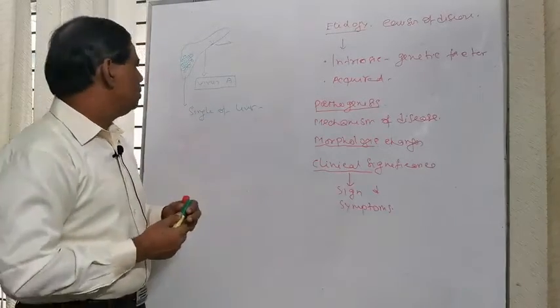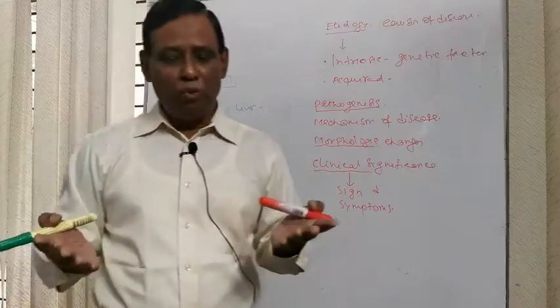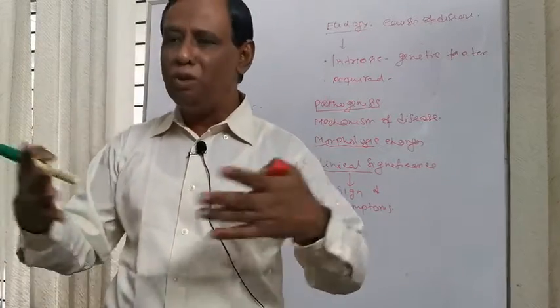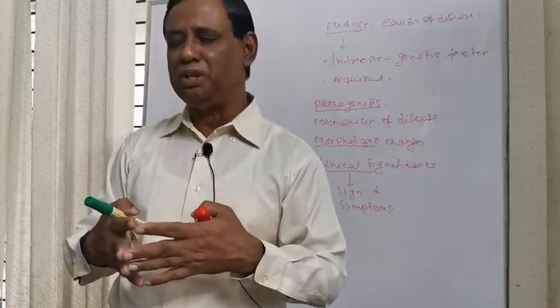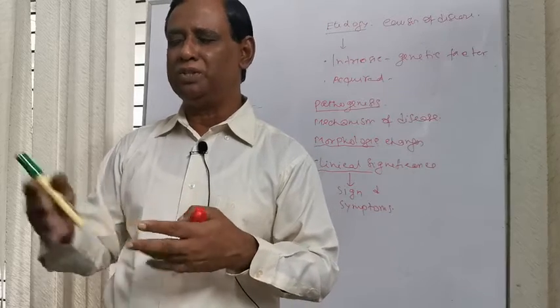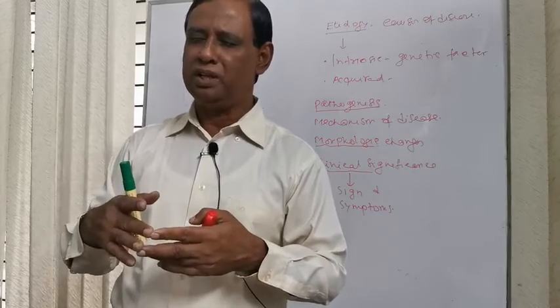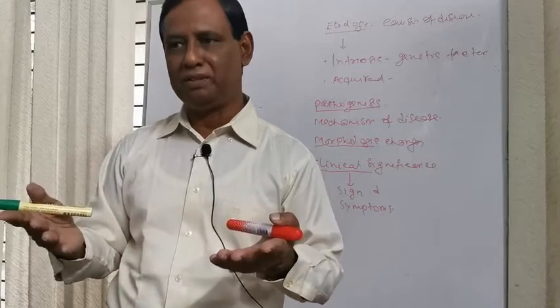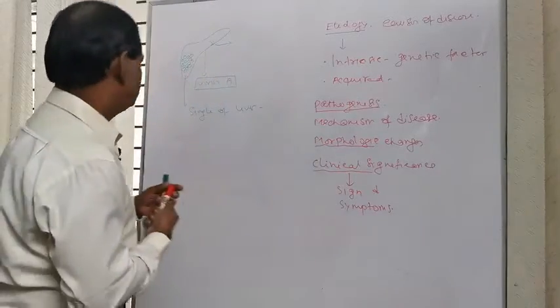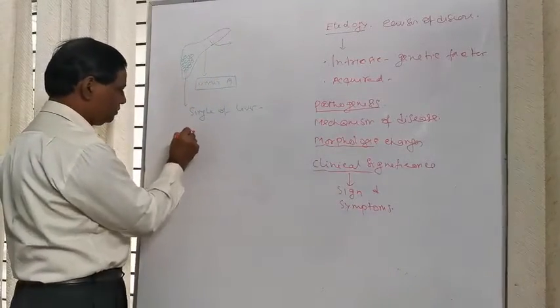If we know the pathology or sufferings or alterations within the single hepatocyte, we can say this is the change of the entire liver. So now come to cellular pathology.